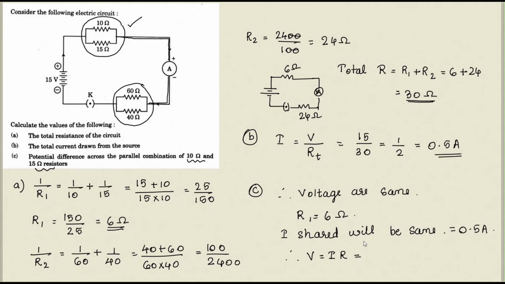That is, current across the 6 ohm is 0.5 ampere into the effective resistance of 10 ohm and 15 ohm, which is 6 ohm. That is equal to 0.5 into 6, that is 3 volt. So this is the potential difference across this parallel combination of 10 ohm and 15 ohm. So 10 ohm will have 3 volt, 15 ohm will also have 3 volt. Yes, that is the answer.